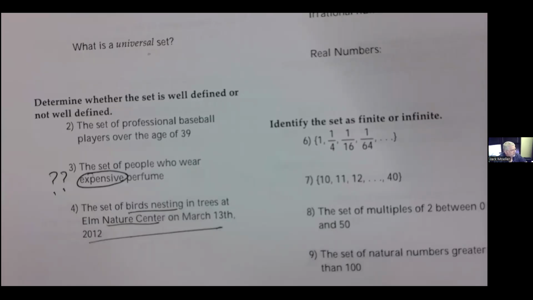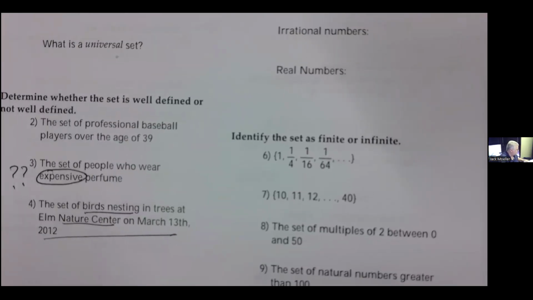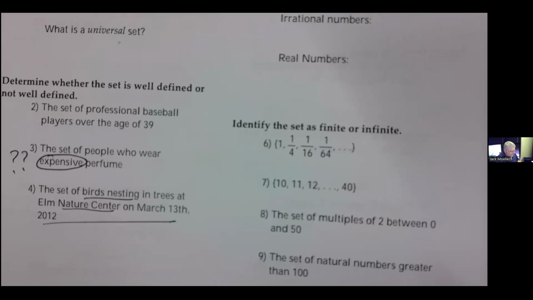If it's a large nature center, probably not. But just because we can't physically touch or see them doesn't mean we don't know exactly what the elements are. Since we know what the elements are, it is well-defined. Once I get into math lab, we'll show you how they handle those.